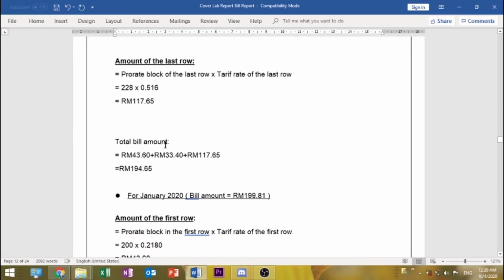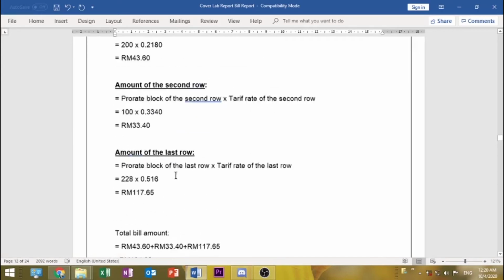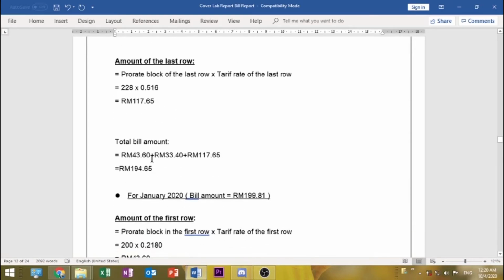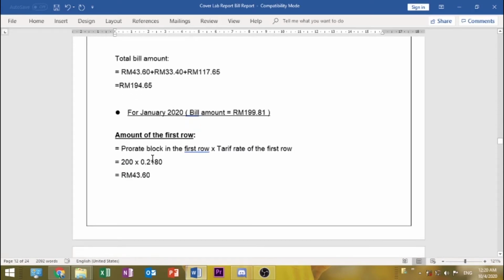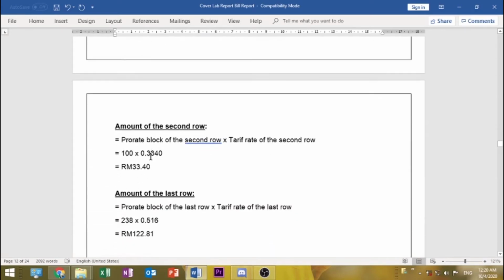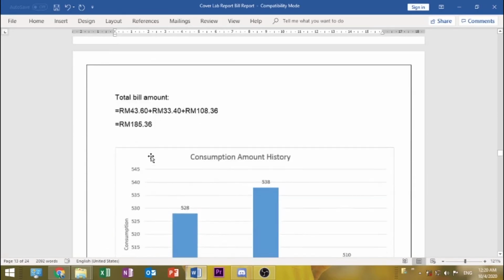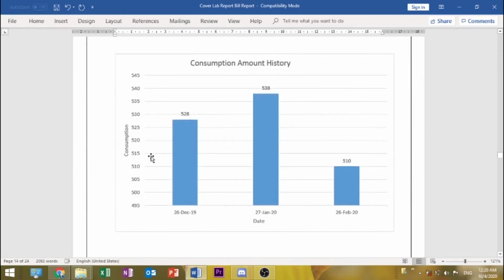So the total bill amount was the three rows together, which was 194.65 ringgit, the same as in the bill above. I repeated it for the other months, and made a consumption and amount history graph that shows the consumption and the amount for each month.